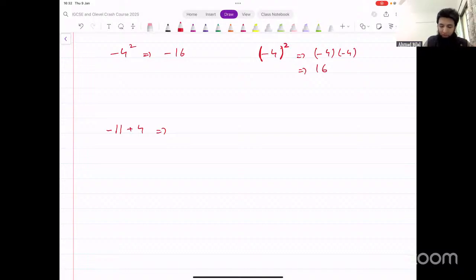So don't do it like this, at least, that you say it's 11 plus 4 first of all, and then minus 15. That is obviously wrong. An easy way of thinking about these is that you reverse them. If you get confused by this, it might be easier if you write it like this first, 4 minus 11, and then that becomes minus 7.